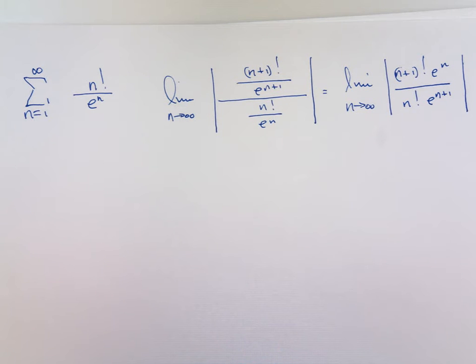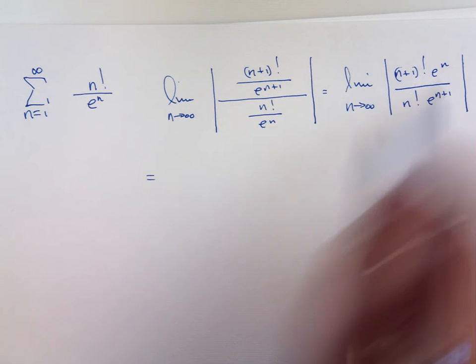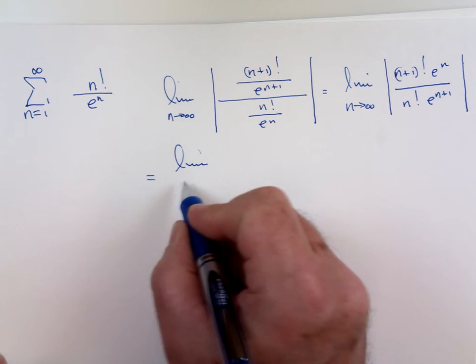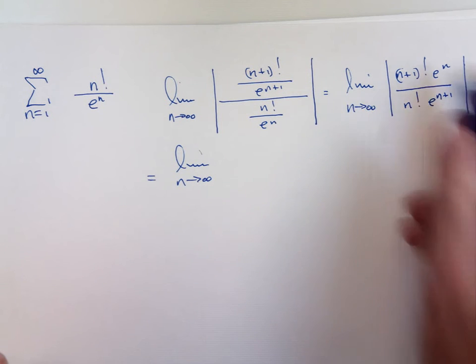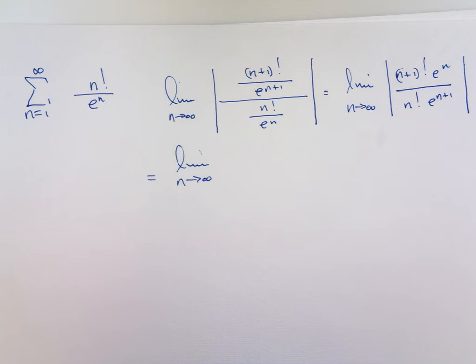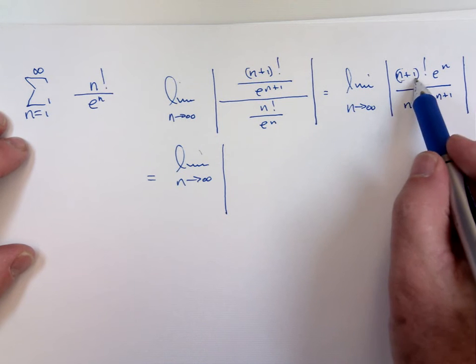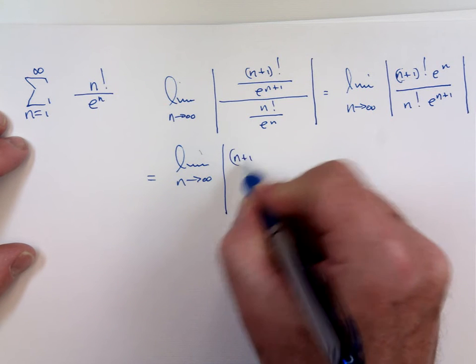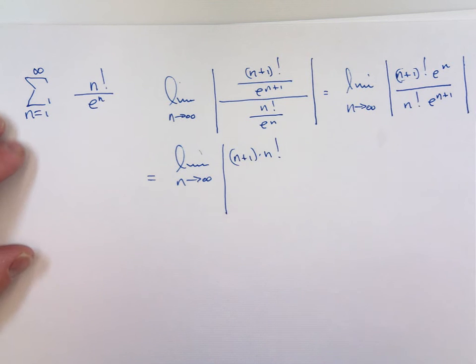Now, we're going to simplify. What's n plus 1 factorial over n factorial? You guys know that? Maybe not. Here's what it is. I could drop the absolute value symbols here too. n plus 1 factorial is n plus 1 times n factorial. 7 factorial is 7 times 6 times 5 times 4 times 3 times 2 times 1.